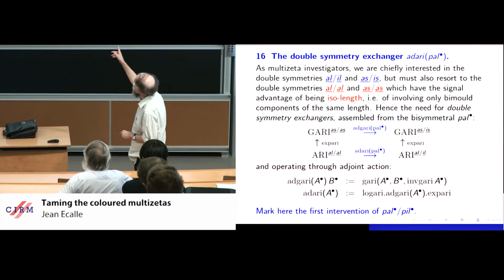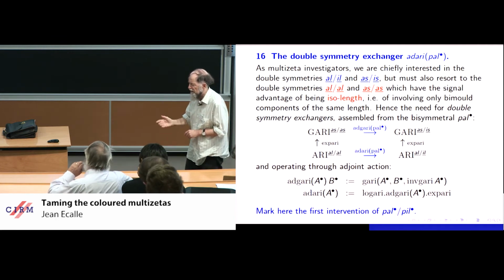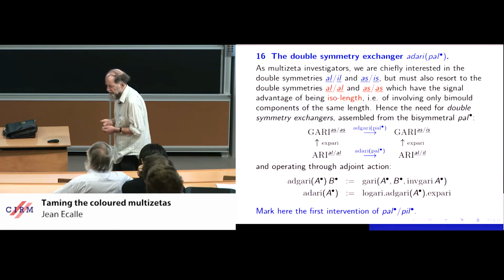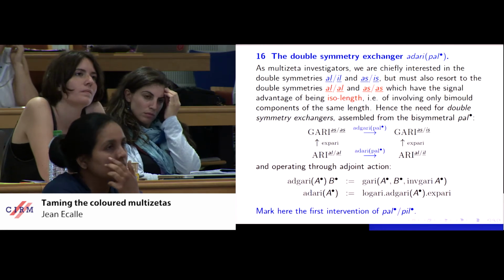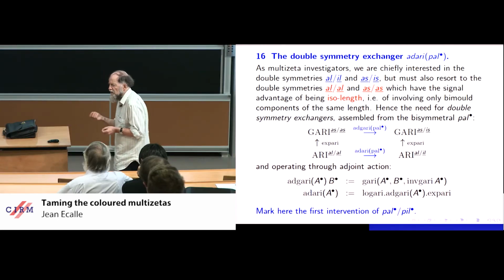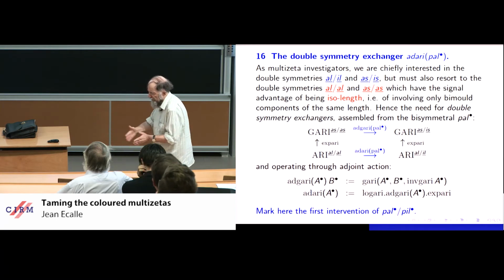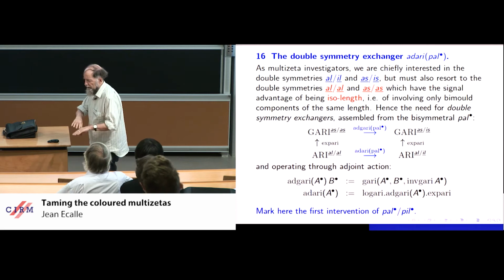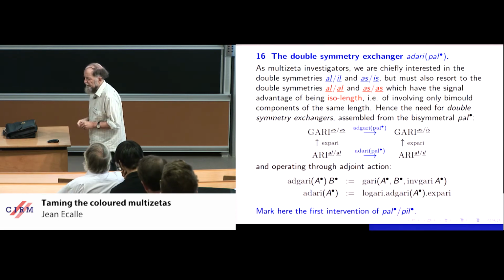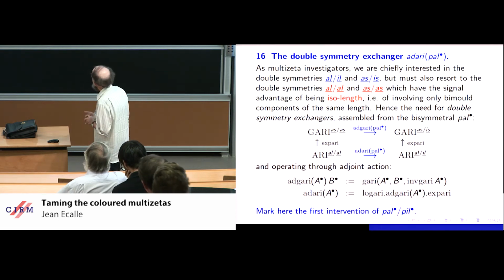Whereas the other double symmetry, alternal slash alternal and symmetral slash symmetral, involve only sequences of the same length, so to speak. They do not compel you to envisage different lengths at the same time. So they are much more convenient.